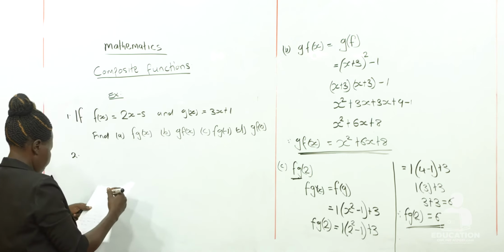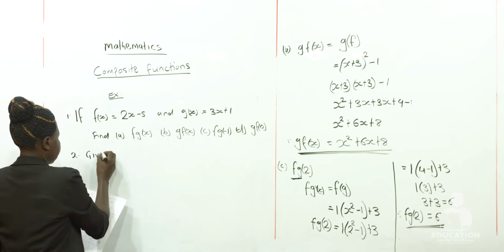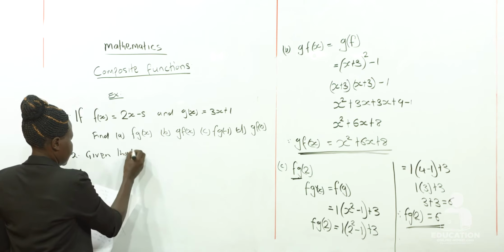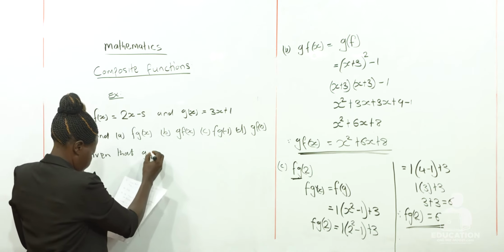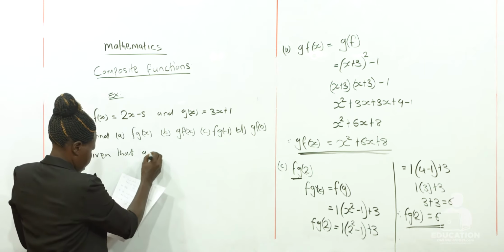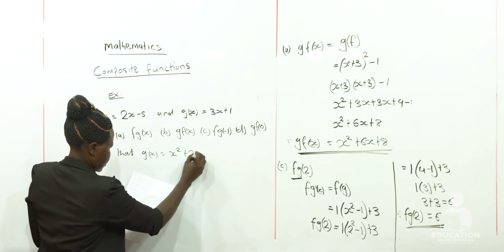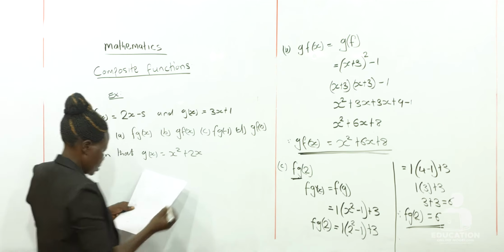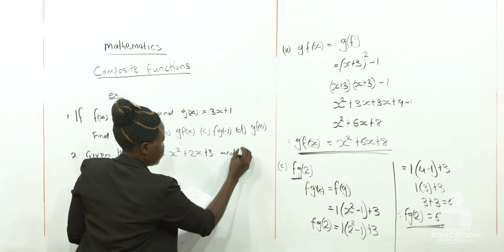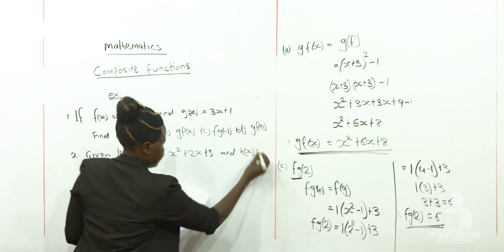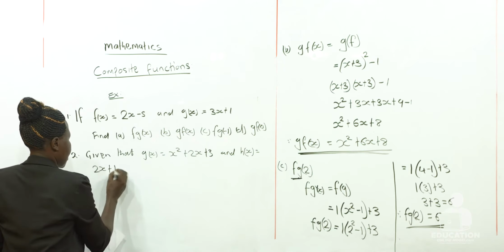And then part 2 says, given that g of x equals x squared plus 2x plus 3, and h of x equals 2x plus 1.